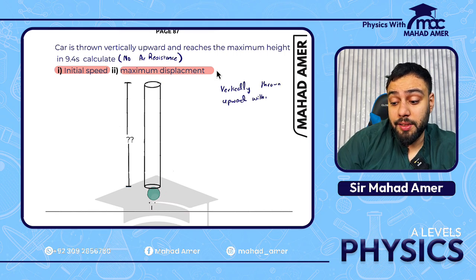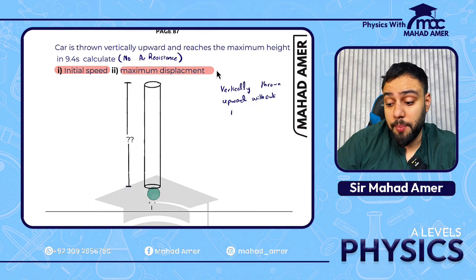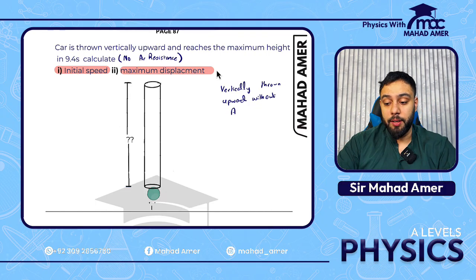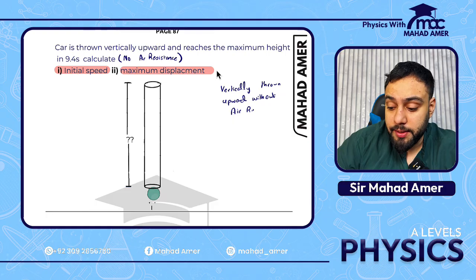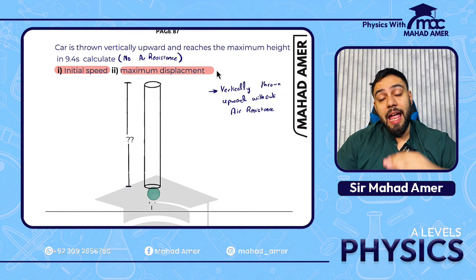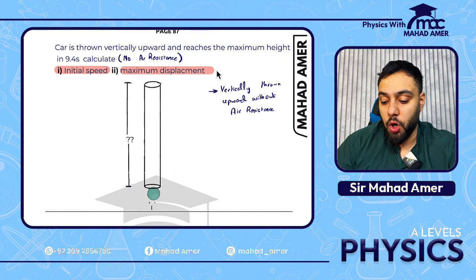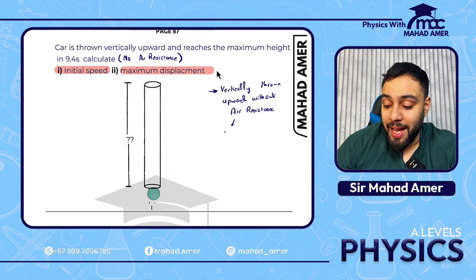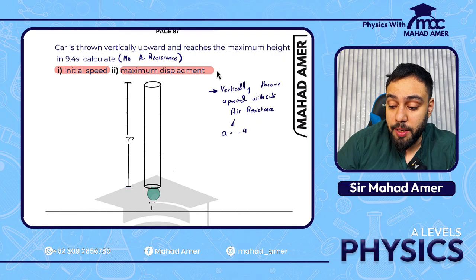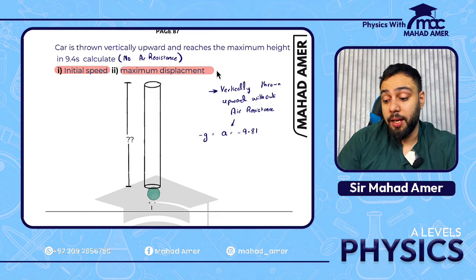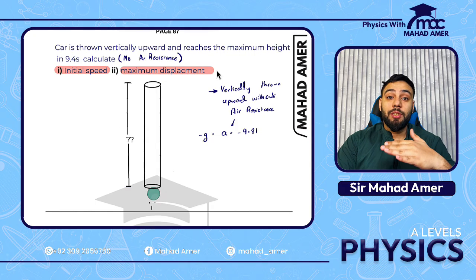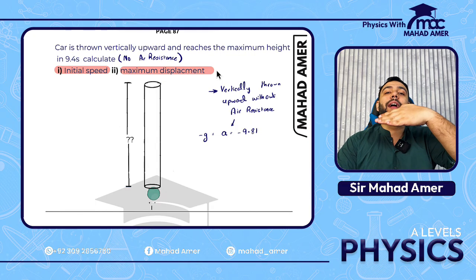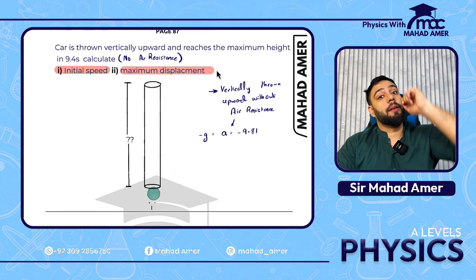Whenever something is vertically thrown upward without air resistance, you need to realize this actually means that the object is going to have an acceleration of negative 9.81, or you can say negative g, because the object is going to be slowed by gravity in this part of the journey.